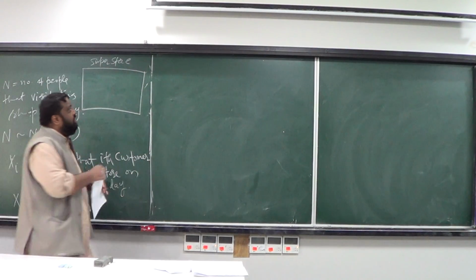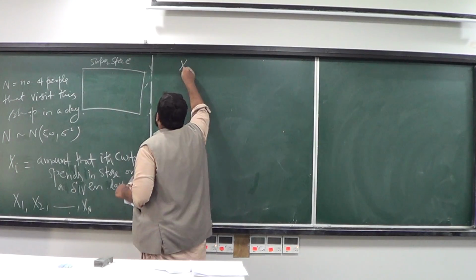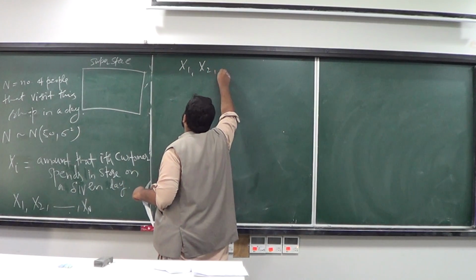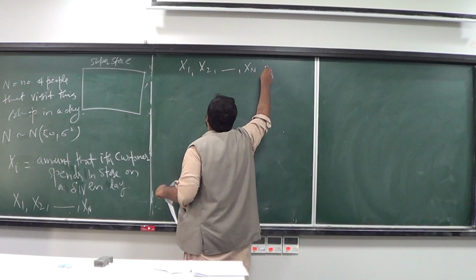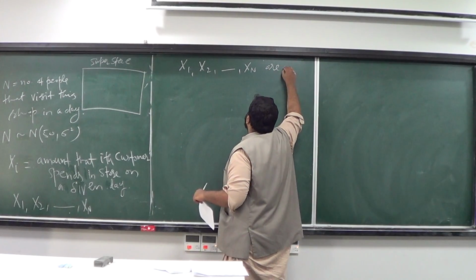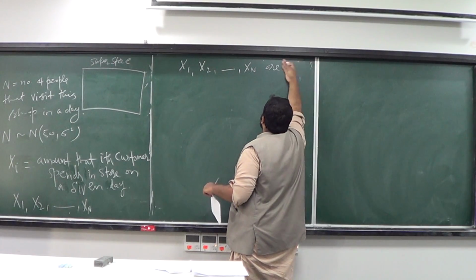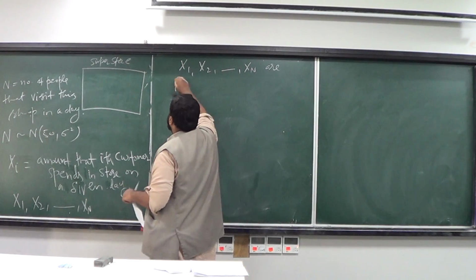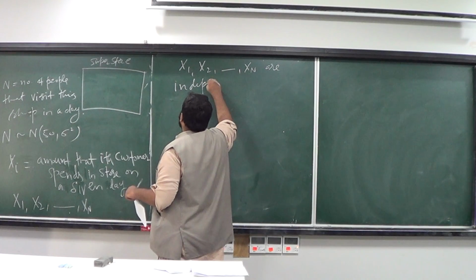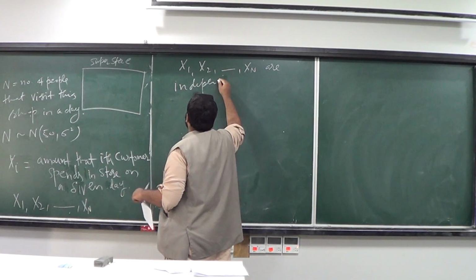So what we know about these spendings is that they are all independent. We don't know about their distributions. They are independent.